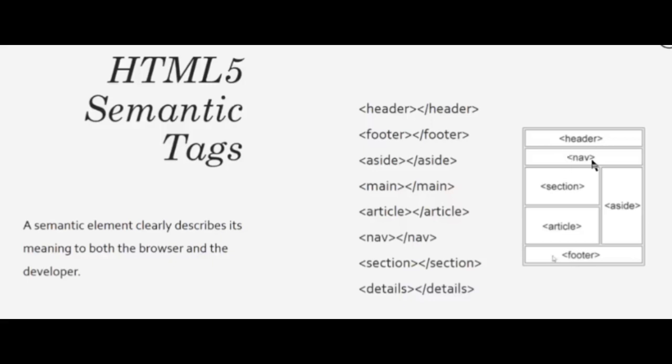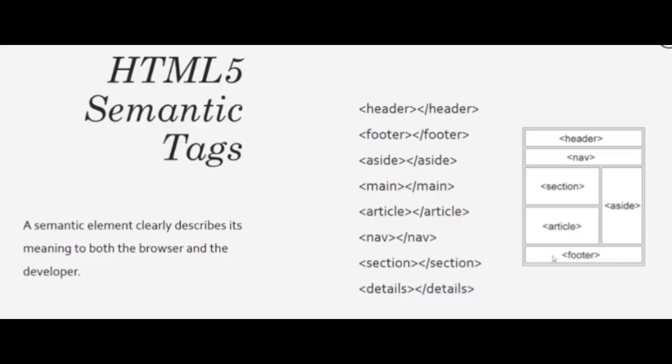Then you have the nav that contains your menu, your navigation bars, then you have the sections. So if you have information in your site, this is where you keep it. Then you have articles, so if you have more information, like blog posts, you can attach them there.